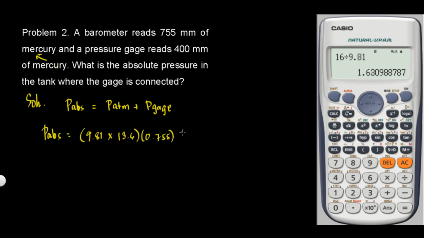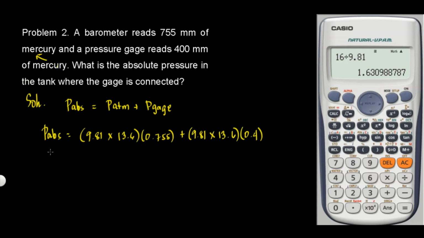Then you add the gauge. This is the specific weight of water, 9.81, times 13.6 times the height, gauge reading, which is 0.4. Nakakilo tayo dito since this is the unit weight of water, 9.81 kilonewton per cubic meter.